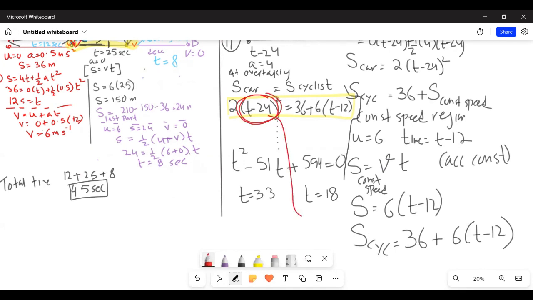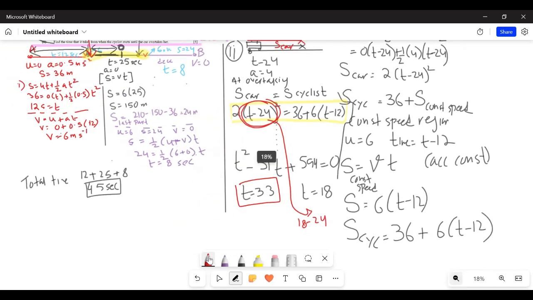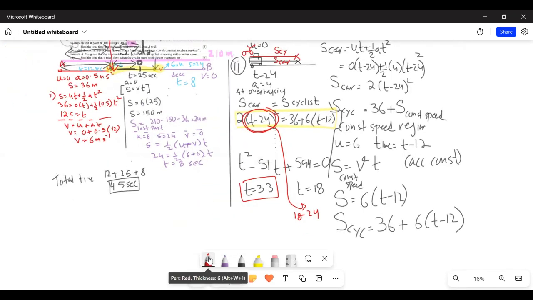So if you use t is equal to 18, then it becomes 18 minus 24, which doesn't make sense. So the time has to be 33. So at the 33rd second, the car overtakes the cyclist.